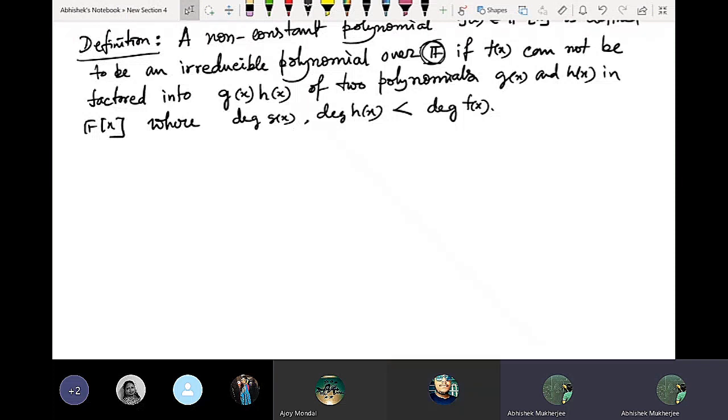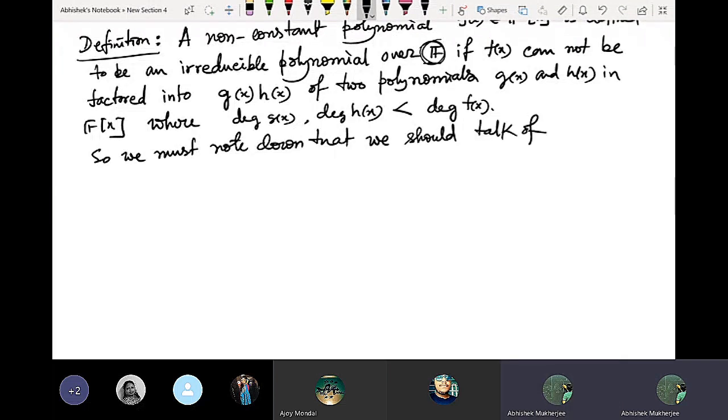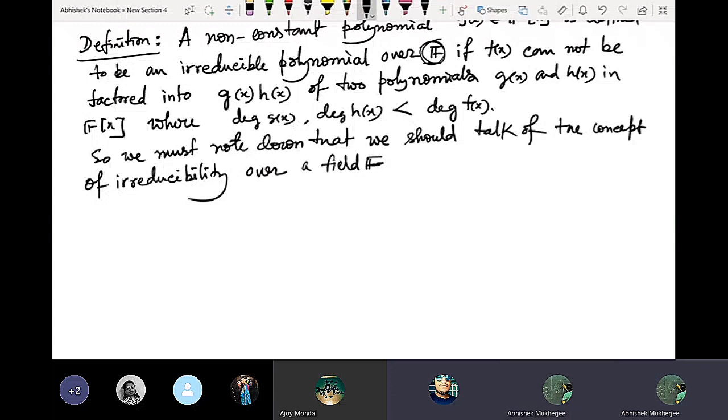And it should be noted that we should talk of the concept of irreducibility over a field F, not just the concept of irreducibility.